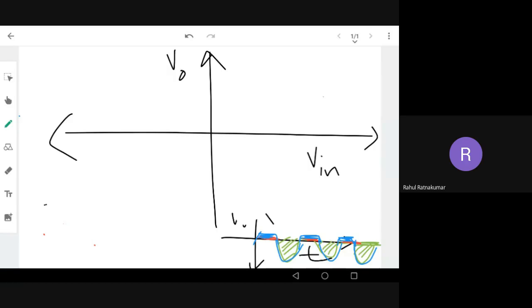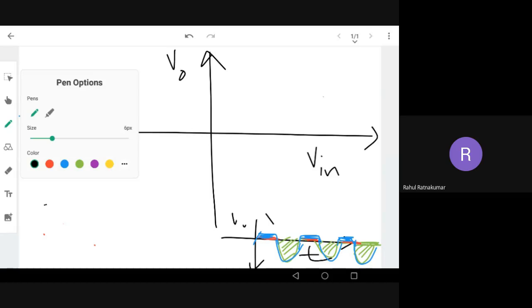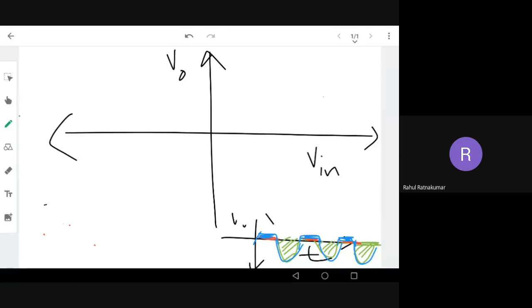We can see that as V in is positive, V out is very less. And in the ideal case, what happens? In the ideal case, V out is very less. As V in gets very high, ideal, let me draw the ideal case first. In the ideal case there is no V out.